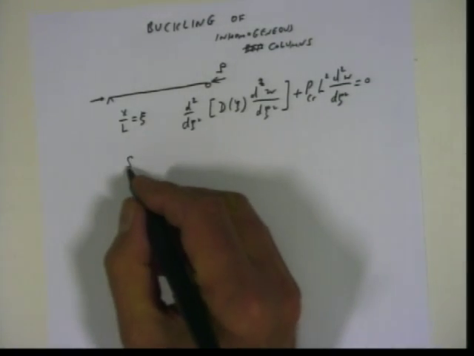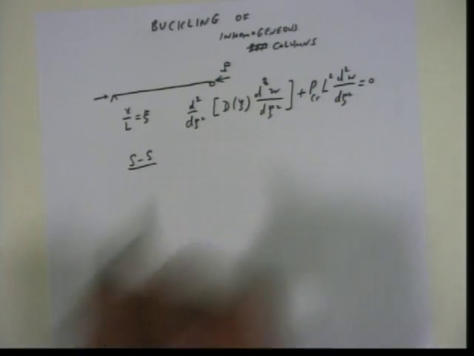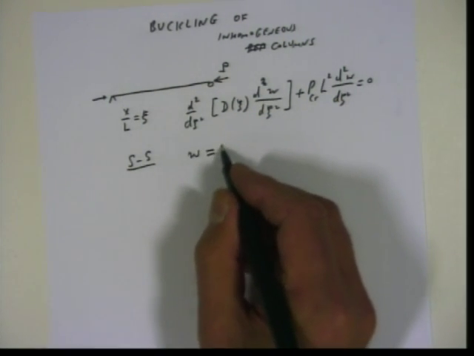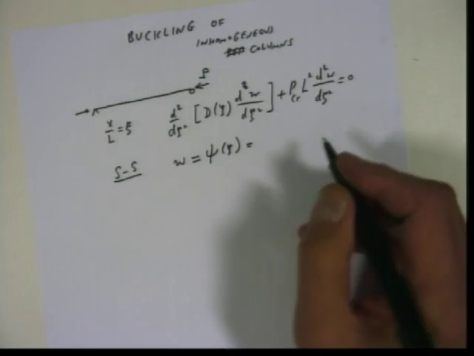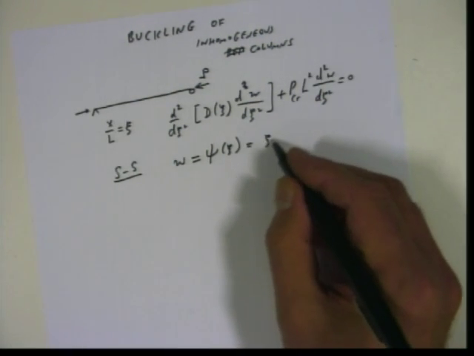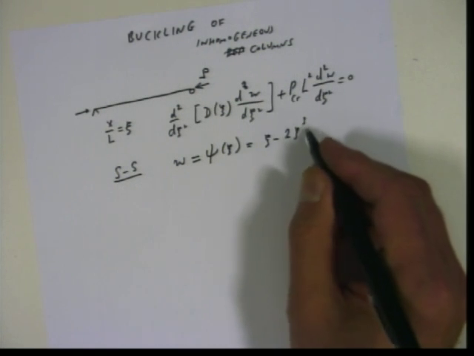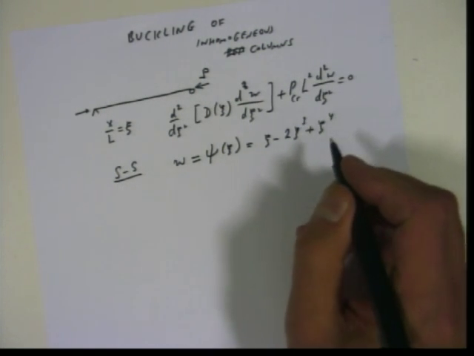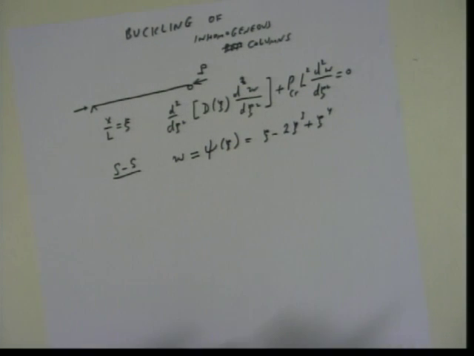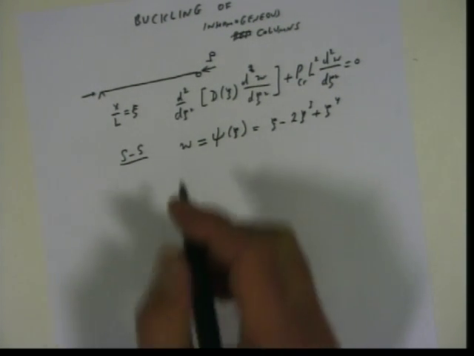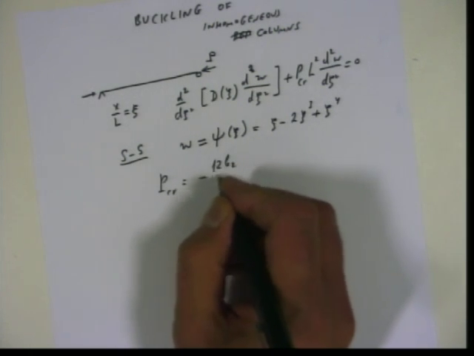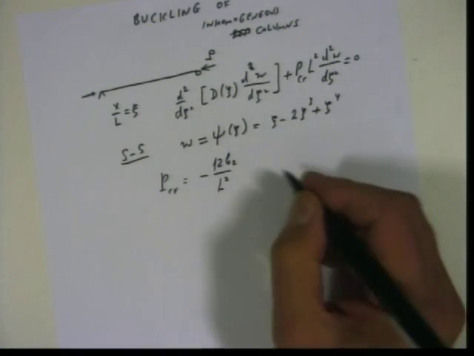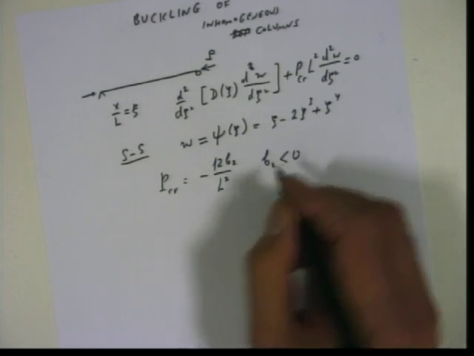And I considered in much detail the simply supported column, where w must equal psi of xi, and that equals xi minus 2 xi cubed plus xi to the fourth power. So we got P critical equals minus 12 B2 over L squared. That means B2 must be negative.